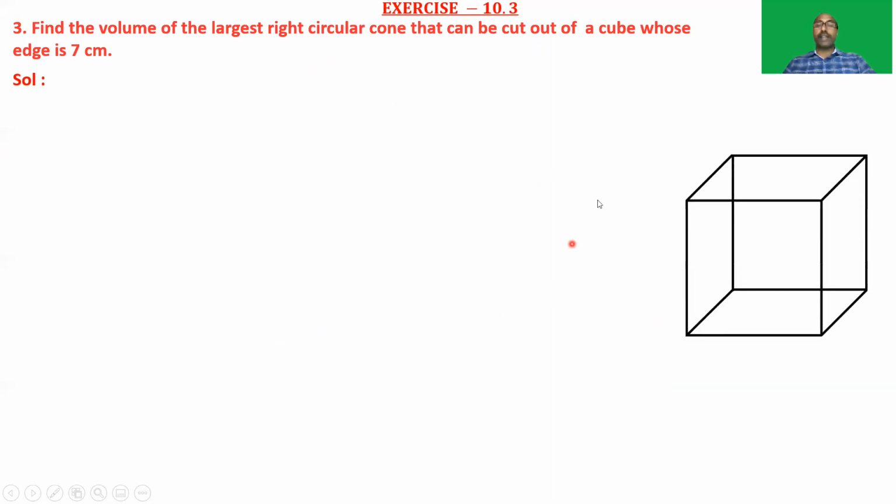So here I have a cube, and this is the shape of the largest cone which can be cut out from this cube. Given that the edge of cube is 7 centimeter, take it as a.